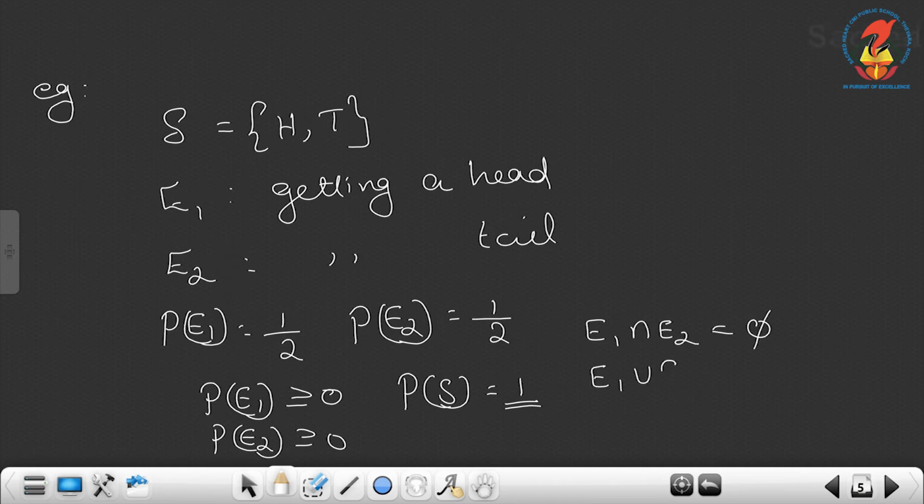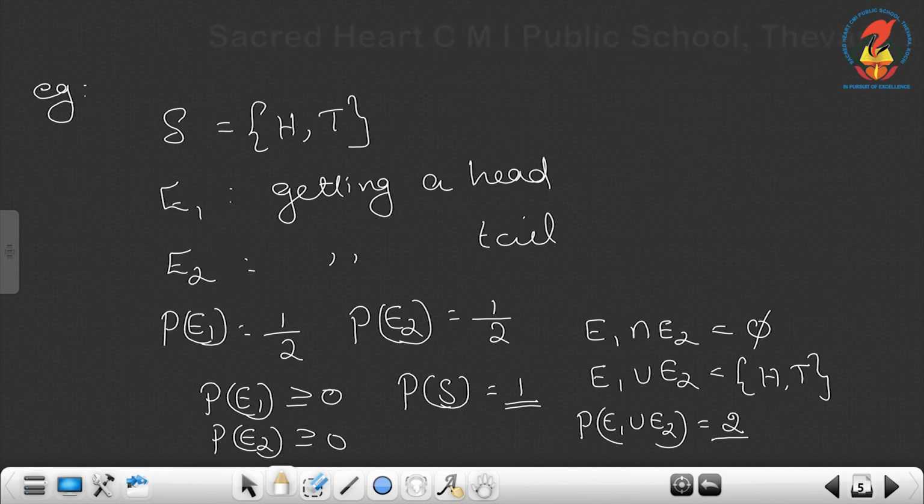What is E1 union E2? H comma T. So what is P of E1 union E2? Total is 2 out of P of S. In S, how many outcomes? 2. So P of E1 union E2 is 1. What is P of E1 plus P of E2?